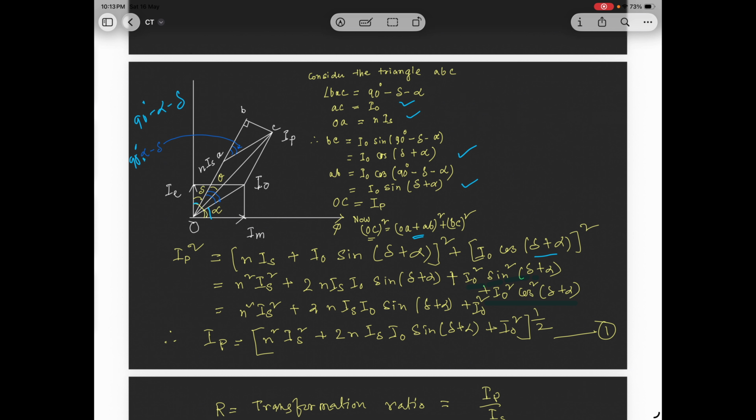So just do the simplification. So it will be N square IS square plus 2 NIS I0 sine (delta plus alpha) plus I0 square sine square (delta plus alpha). So IP is equal to under root of this one.